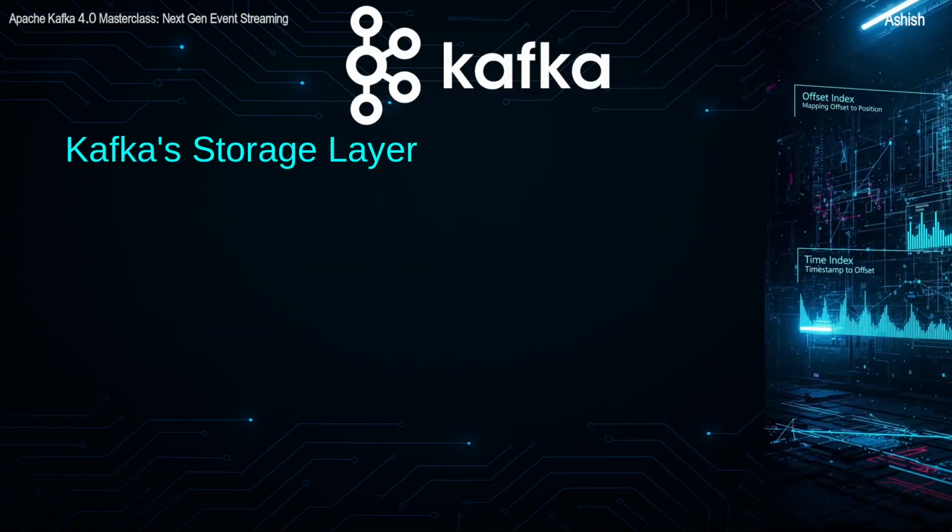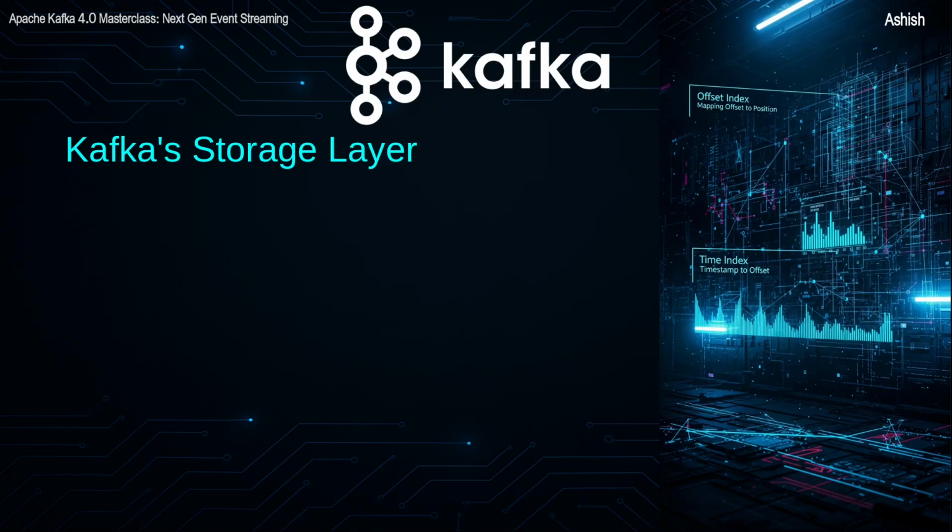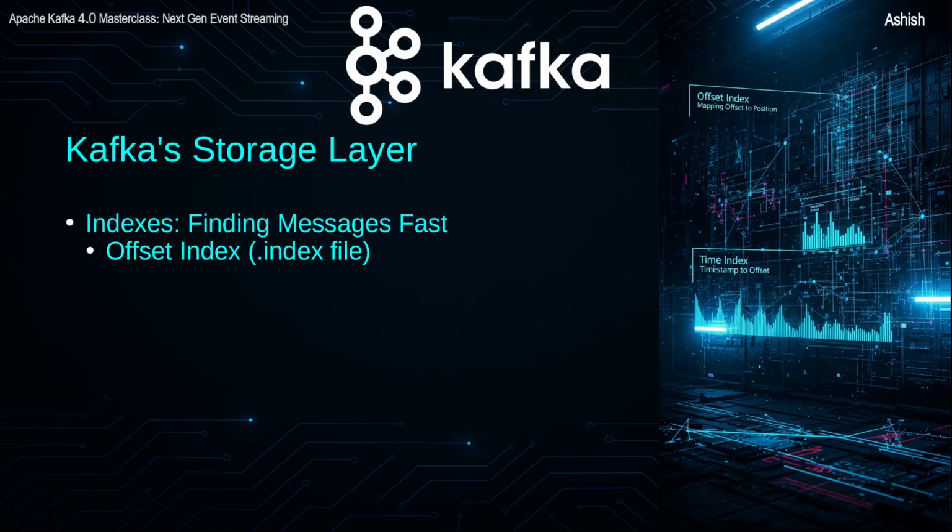With messages scattered across many log segments, how does Kafka quickly find a message, say at a specific offset or from a specific time? It uses indexes. Kafka maintains two types of indexes for each log segment. The first is the offset index, the .index file, which we just talked about for a brief while.